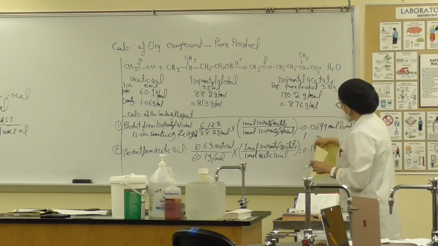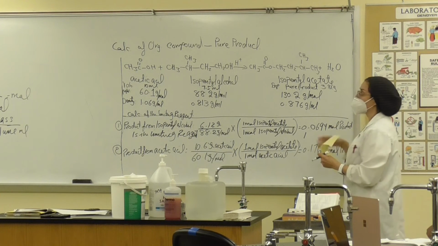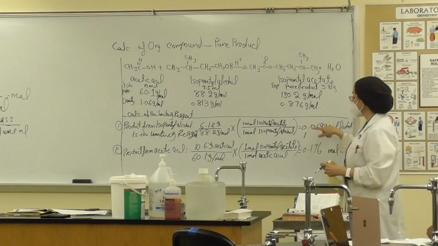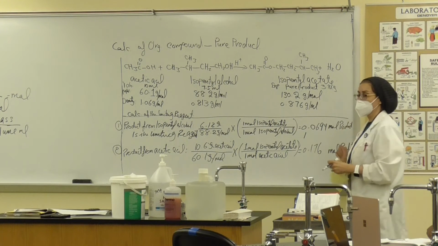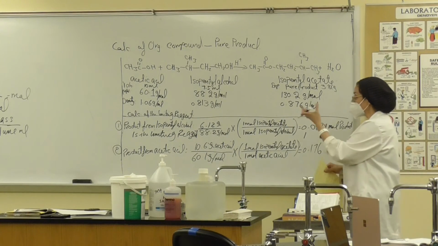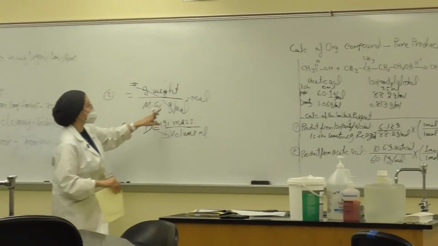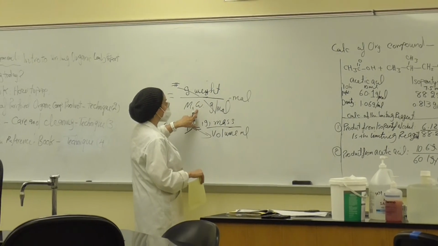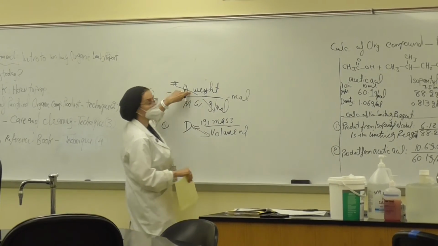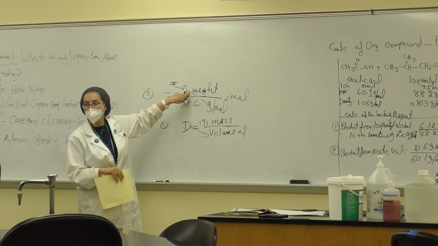So the theoretical yield is going to be this guy, which is a mole. Now I want to convert it into gram. How do we convert mole into gram? You see, when I have mole, multiply with the molecular weight, you will get the weight. So that's what we're going to do now, okay?